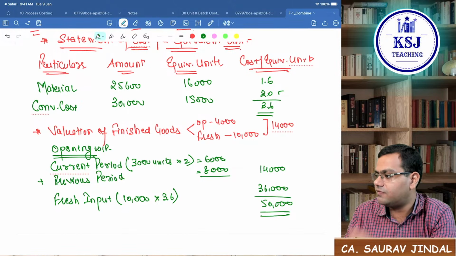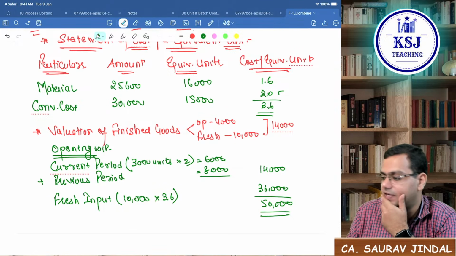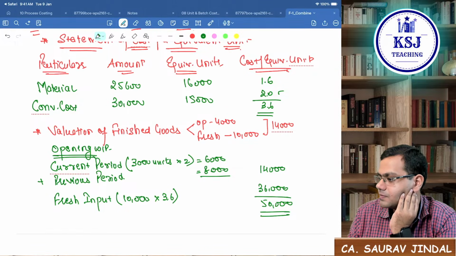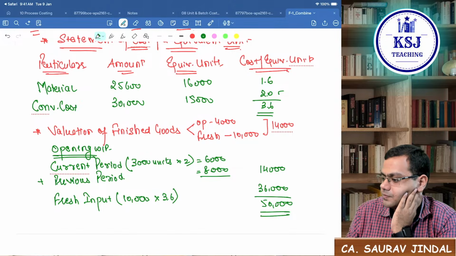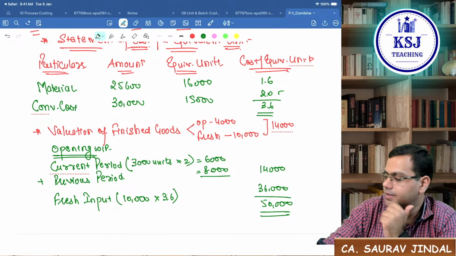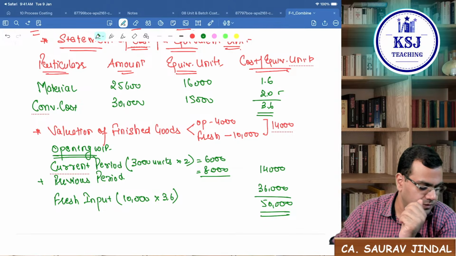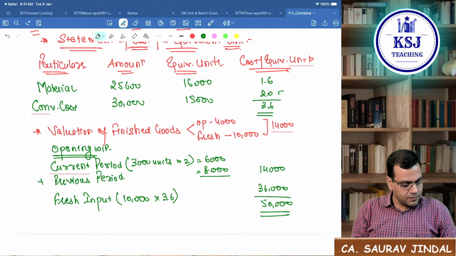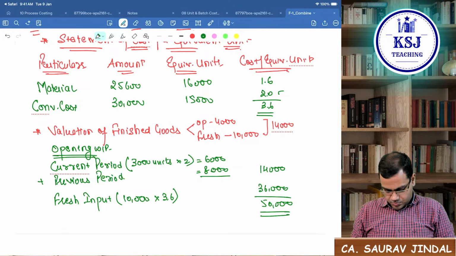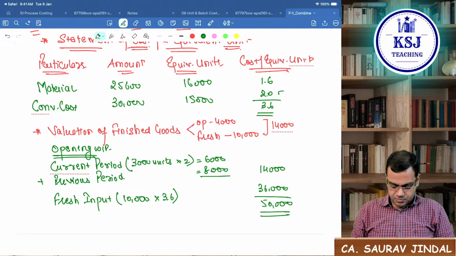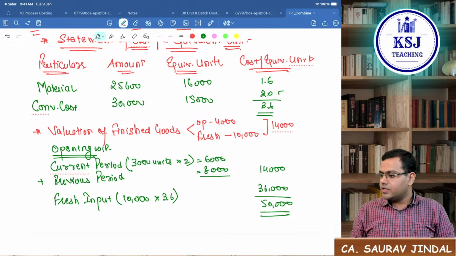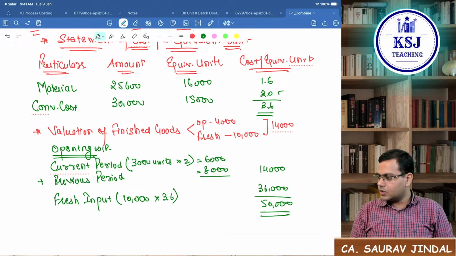Any doubts in this valuation of finished goods part?